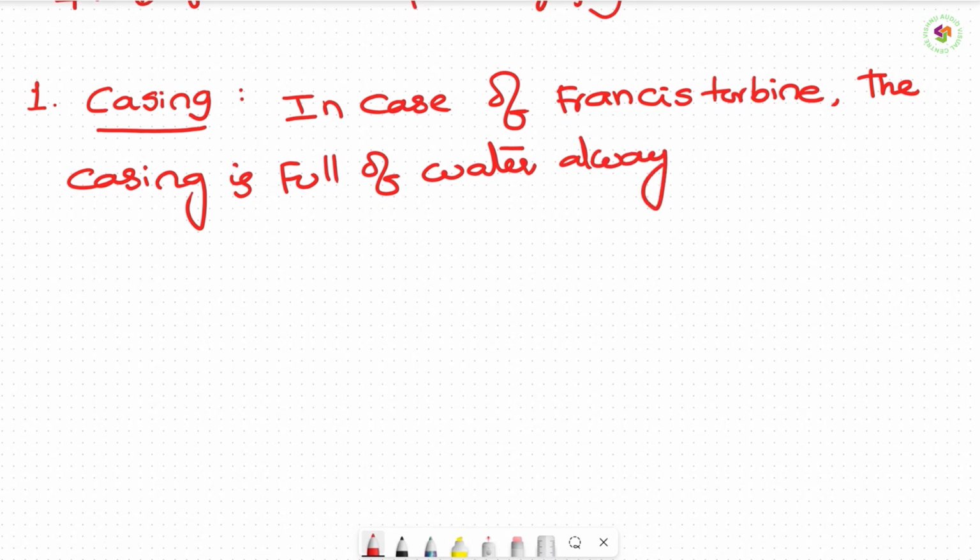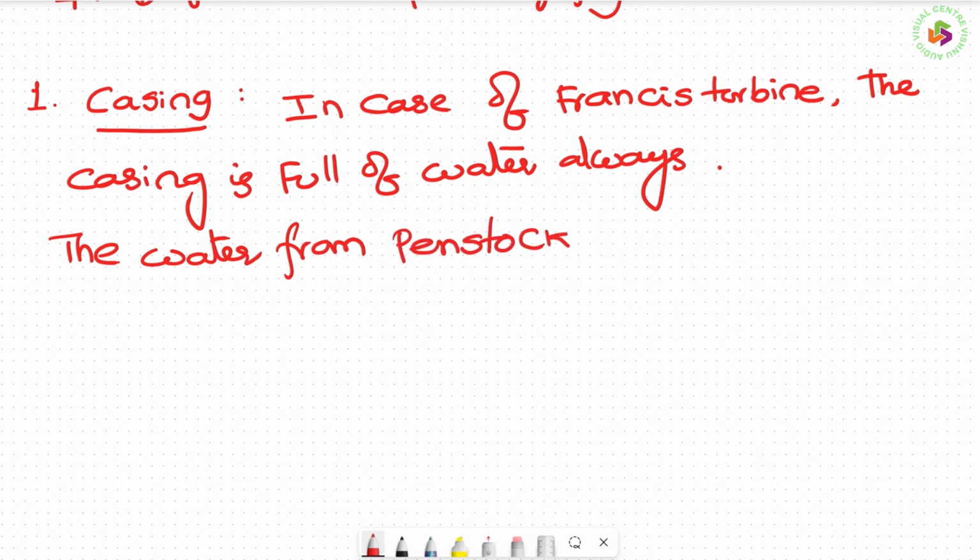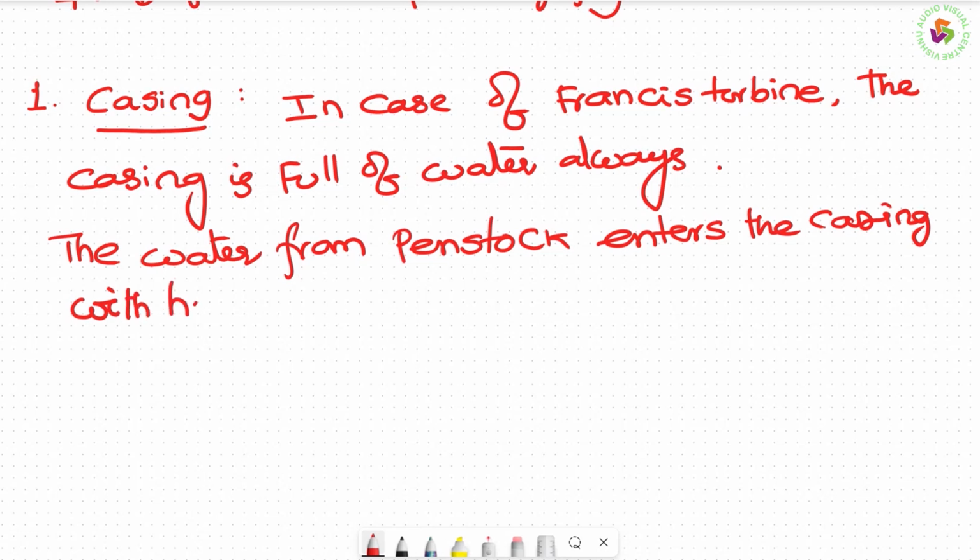First thing is that the water from penstock enters the casing with high pressure. Please remember that this is airtight casing.